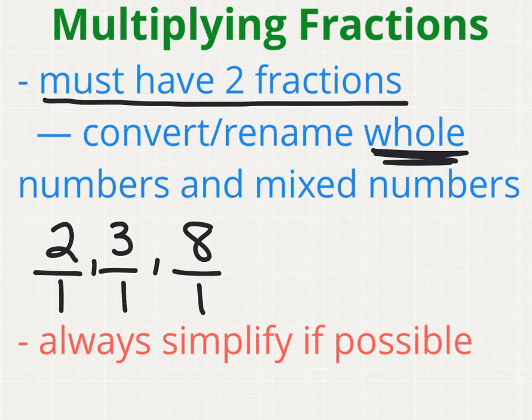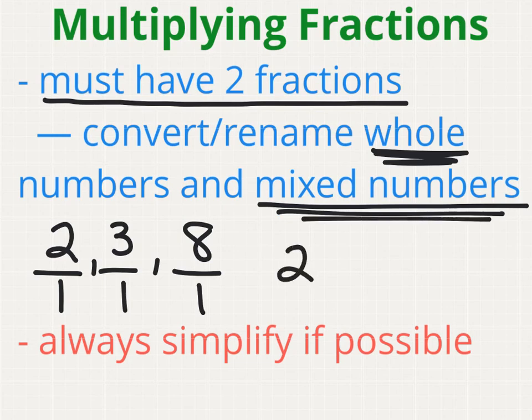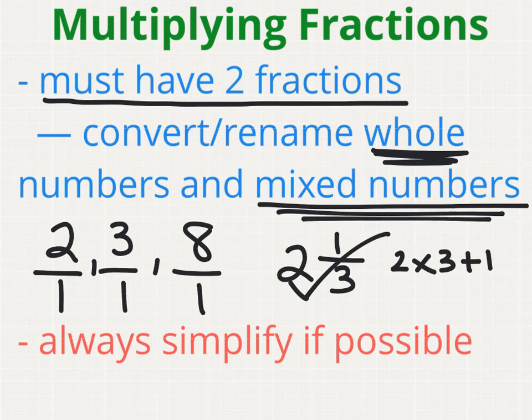If you have mixed numbers, remember, you'll need to use the check method, multiplying the whole number times the denominator, adding the numerator to make your new numerator over your original denominator. Once you've renamed your mixed number to a fraction, you'll be able to multiply across numerators and denominators.